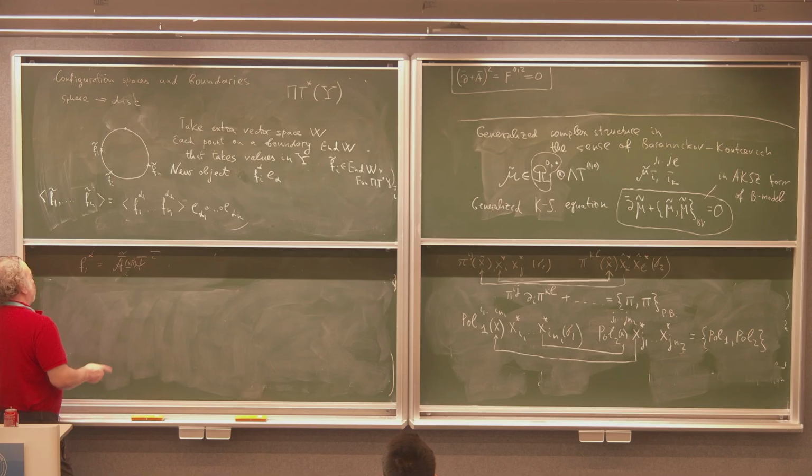On the configuration space, there are several boundaries. One boundary is a boundary of this type, where two points meet together. And this is a bar square.